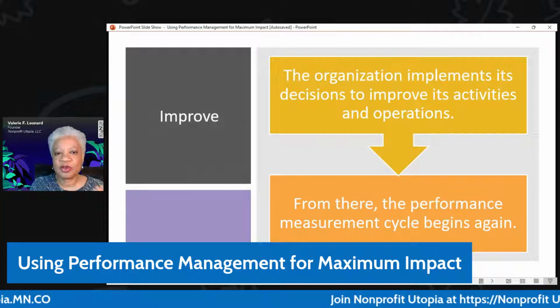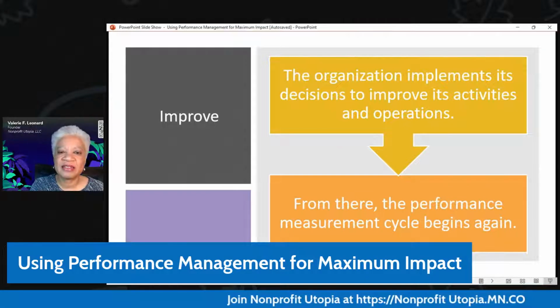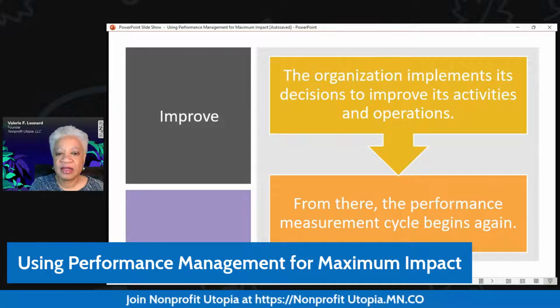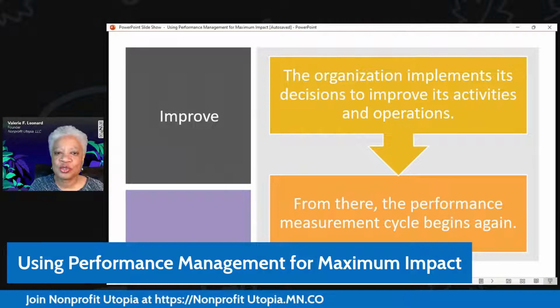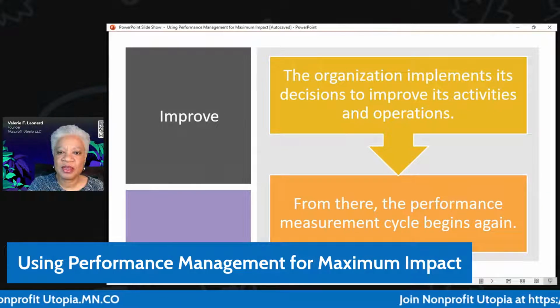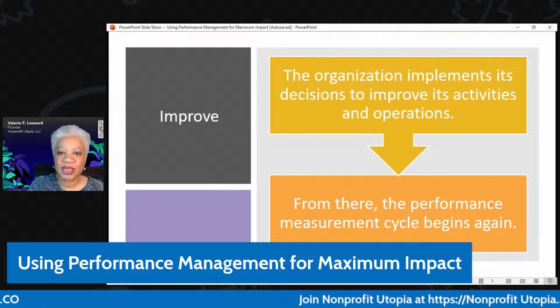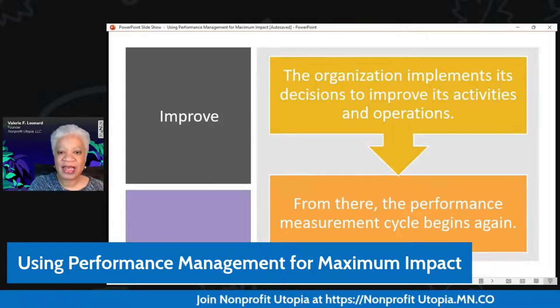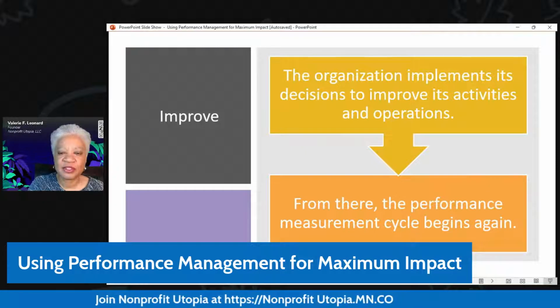And again, you're constantly improving. You don't have to wait until the end of the year, end of the quarter. As soon as you see something with these dashboards, you can use that information to make a change. Why? Because you have the data and the systems at your fingertips.